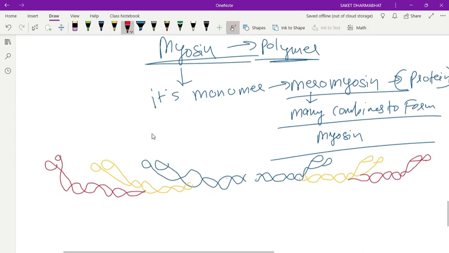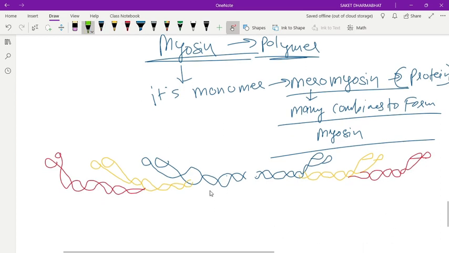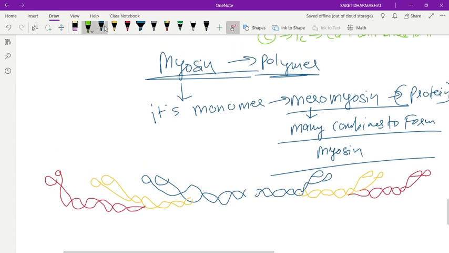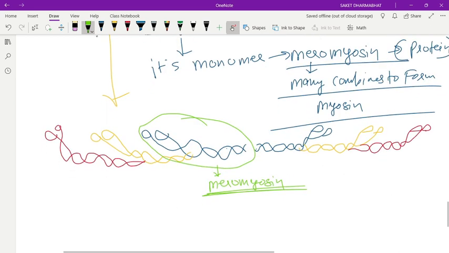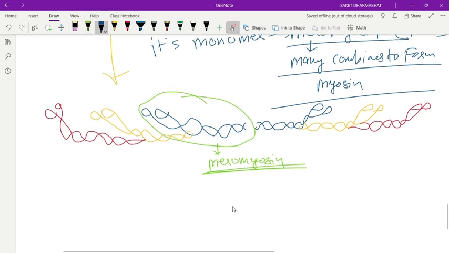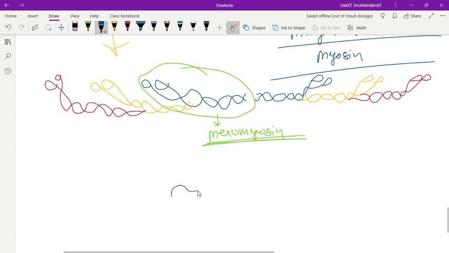Okay, like this. So this is the structure of what? Tell me. Myosin. Myosin is looking like this. Okay, so in this one, what is this structure? Meromyosin. Very good. Now this meromyosin has two parts. Let's see the structure of meromyosin.